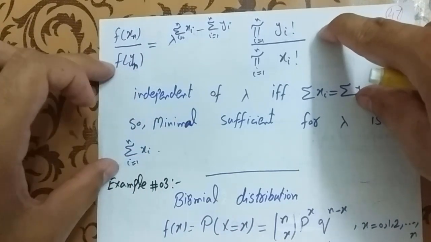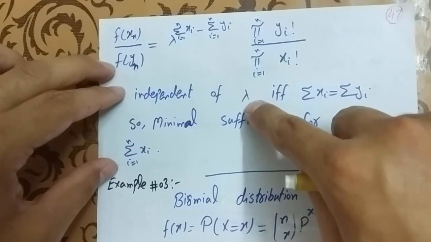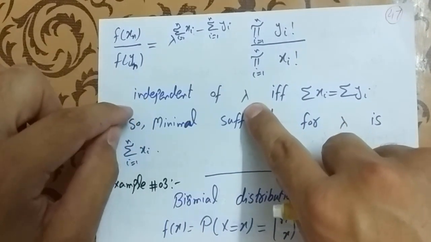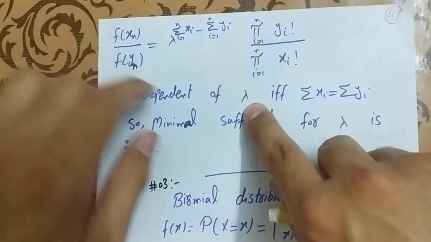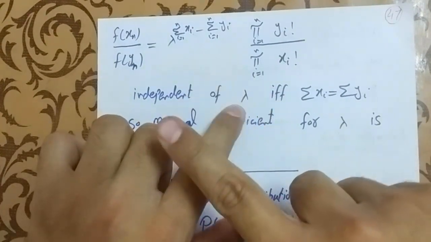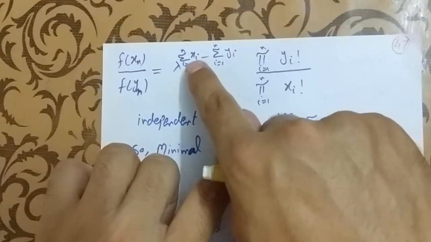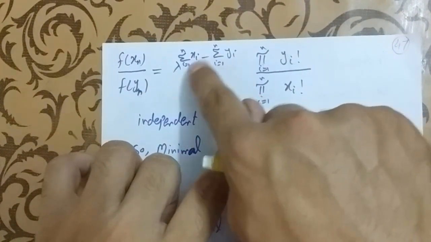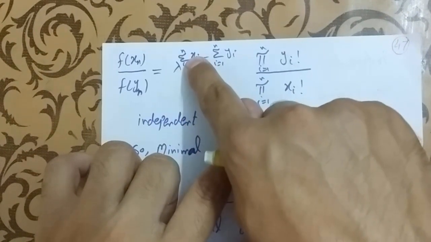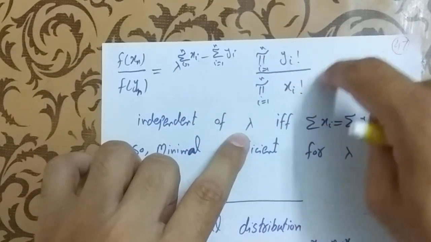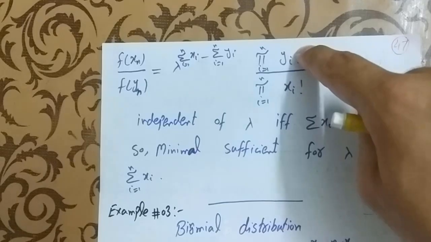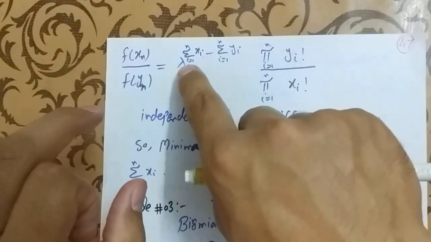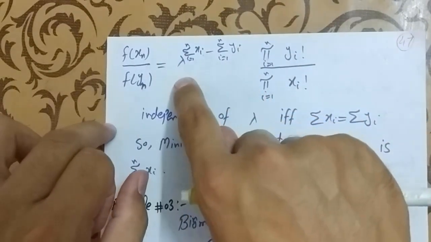In the Poisson distribution, the parameter is lambda, and this factor is independent of that lambda only if we take these two things equal, then lambda raised power 0 is equal to 1, and this is a constant factor. We make only this change: we remove lambda from that expression.